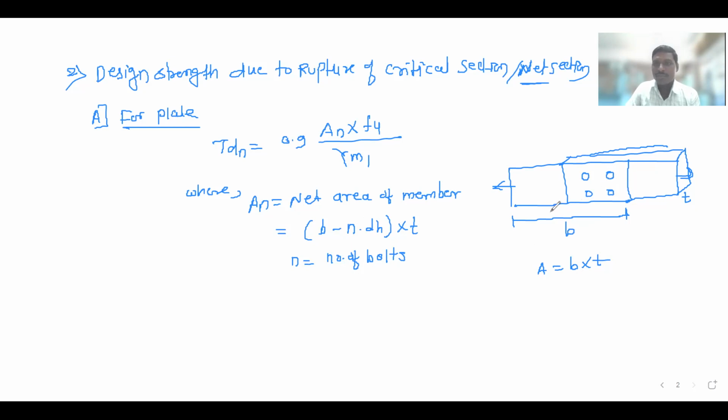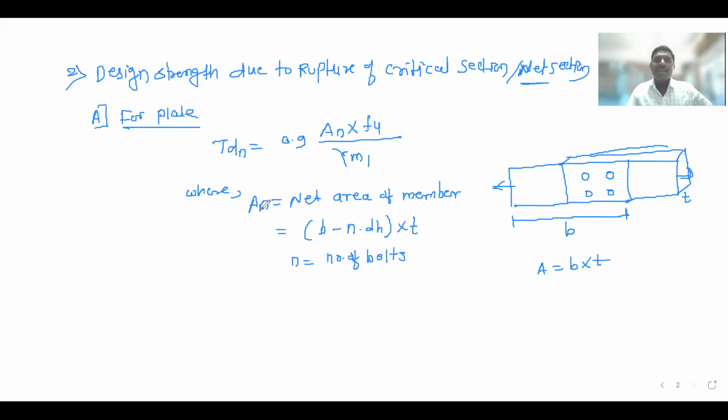So here 1, 2, 3, 4 bolts are there. Minus d_h. What is d_h? Who will tell? What is d_h? Diameter of bolt hole. We have learned this in unit number 2.